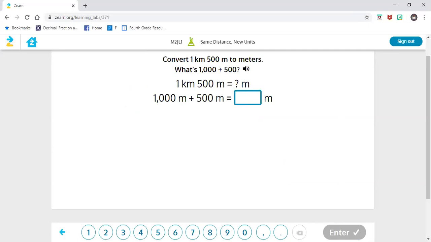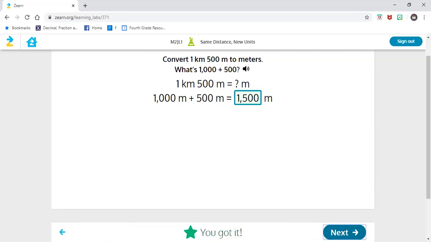If my mama asks me how many apples I have, I can't go in there and count the apples and the oranges together, because she's asking me how many apples. And that's the same with math. I can't add kilometers and meters together because they're not the same unit. So I have to get them where they're the same unit, and then I add. So 1,000 plus 500 is 1,500 meters.